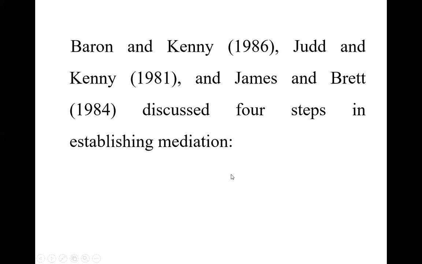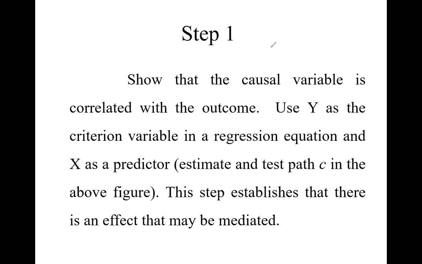So I come directly to Baron and Kenny and James and Brad, who discussed 4 steps of establishing mediation. How will you find whether mediation impacts your model or not? They suggested 4 ways to check whether mediation exists or not.